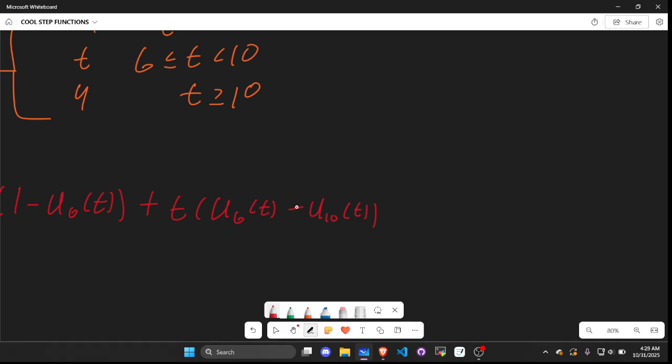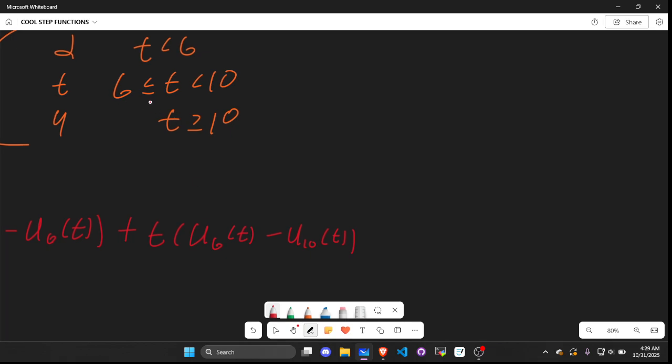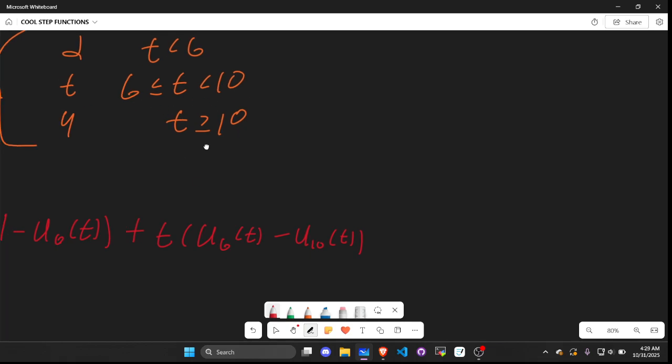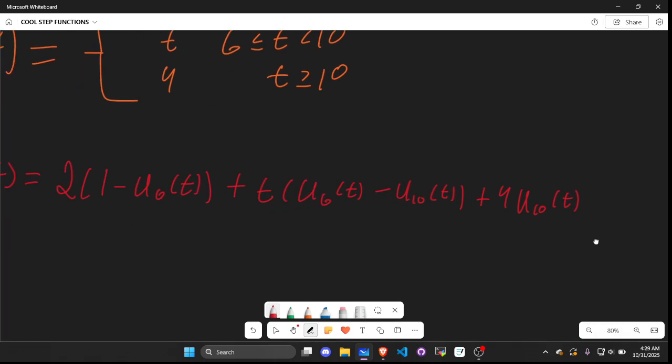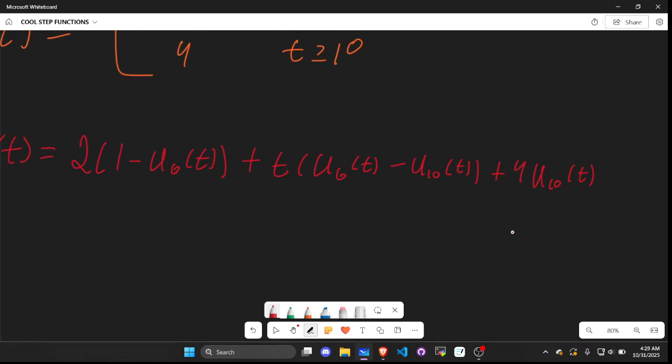So this is basically the window between 6 and 10, so it perfectly details this part where t exists. Now we want the part where 4 exists, which is just 4 times u sub 10 of t. It just exists after the t value 10. All right, so this beautiful thing is our g of t, which is just wonderful, isn't it?